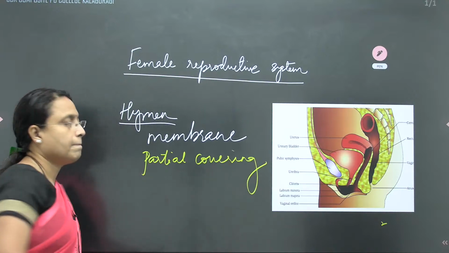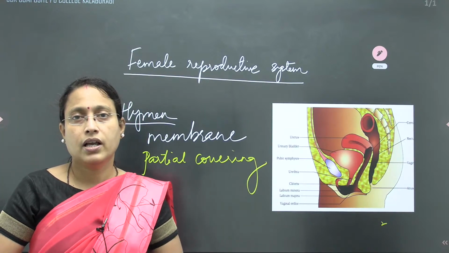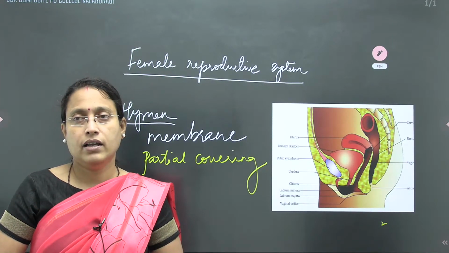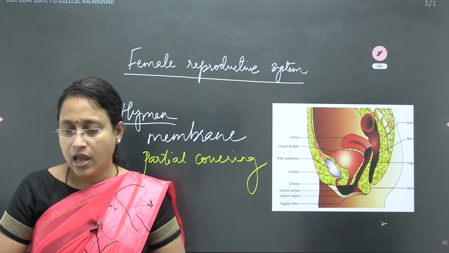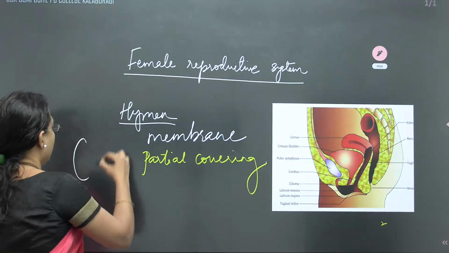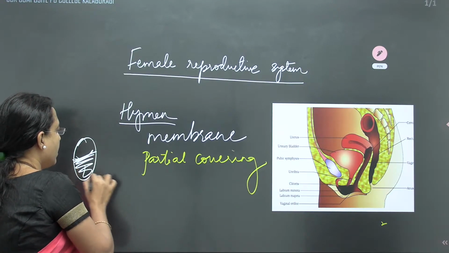Understand? So partial covering is there due to this structure. Now, this particular membrane that covers partially, this can rupture.